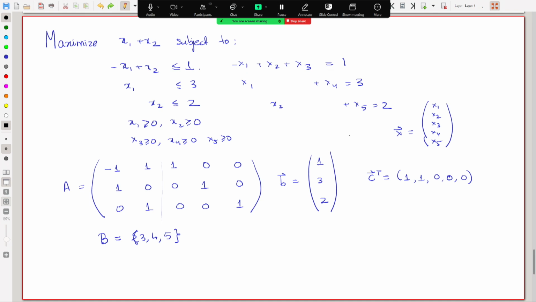So, because these were all inequalities, we just added 3 slack variables x3, x4 and x5, and so by increasing the number of variables, we were able to put it in standard form. And in this case, because of these slack variables, there is an obvious basic feasible solution where you take these slack variables to be the basic variables.